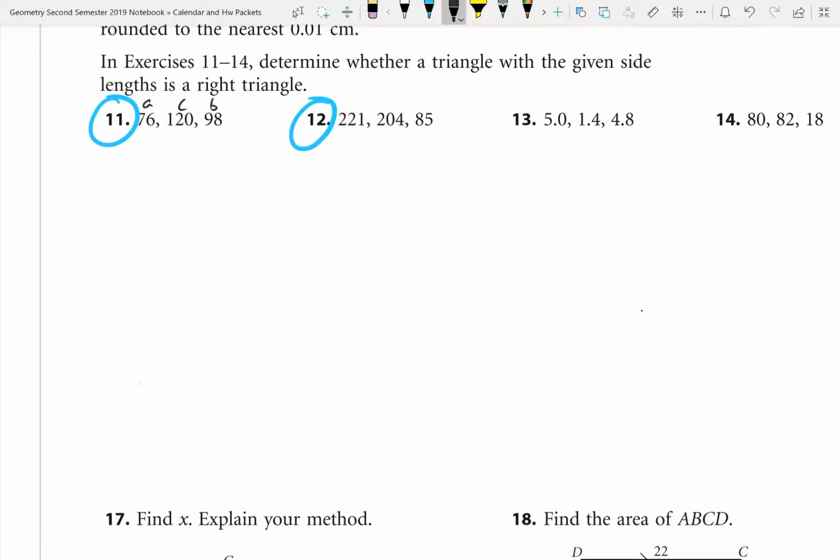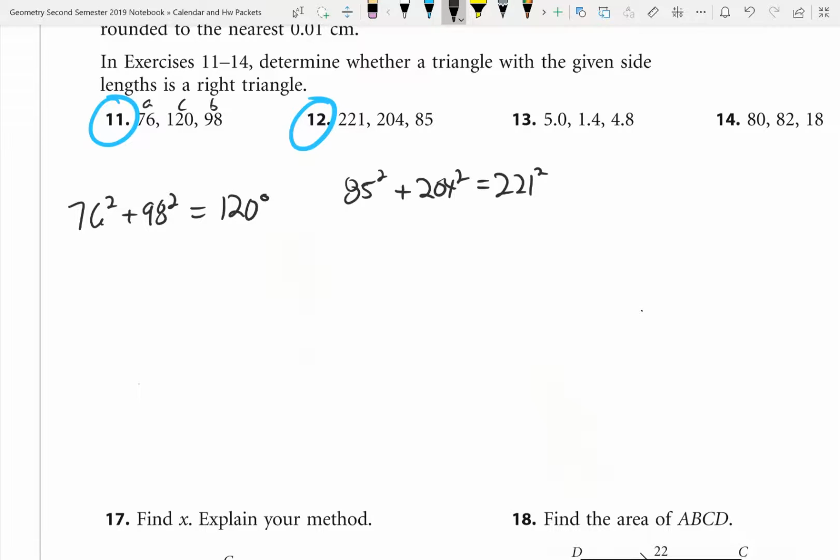So if it's a right triangle, then 76 squared plus 98 squared will equal 120 squared. And similarly here, 85 squared plus 204 squared will equal 221 squared. So let's see if it does.